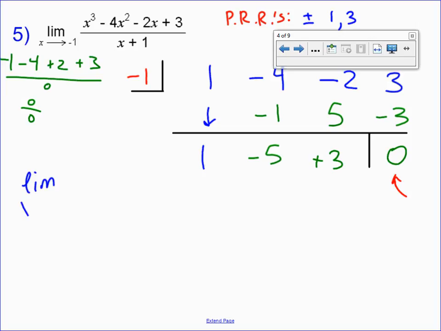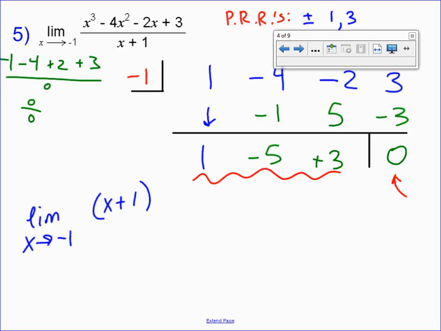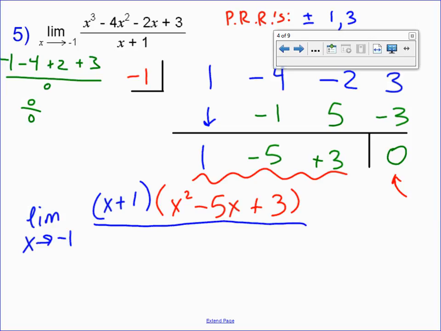I'm going to keep my limit as x approaches -1. I'm going to rewrite that numerator, however, as x plus 1 times 1x squared minus 5x plus 3, all over the original x plus 1.